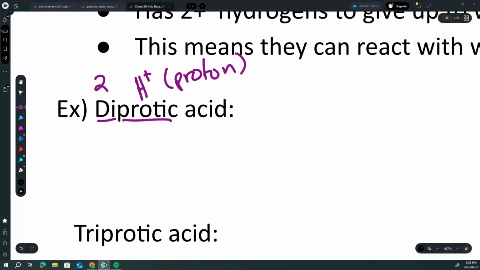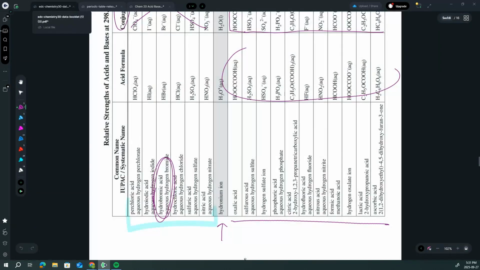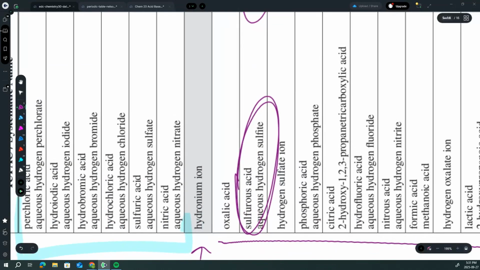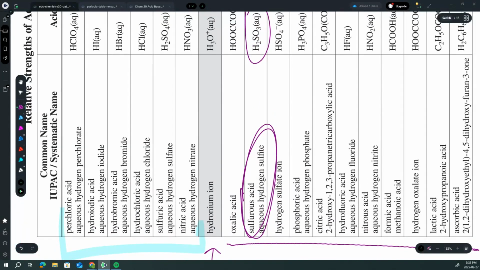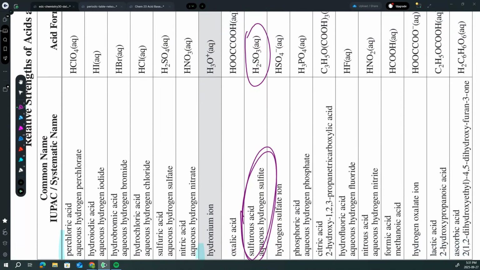For example, let's say we have H2SO3 aqueous. That is sulfurous acid, and we're going to find sulfurous acid right here. Since it's below the gray hydronium line, sulfurous acid is a weak acid.